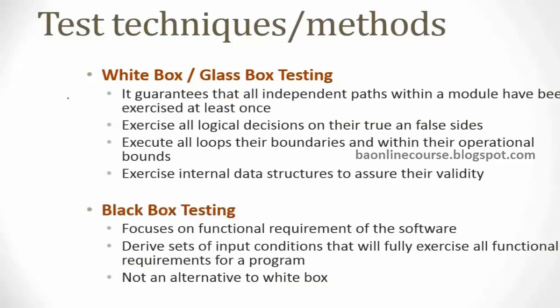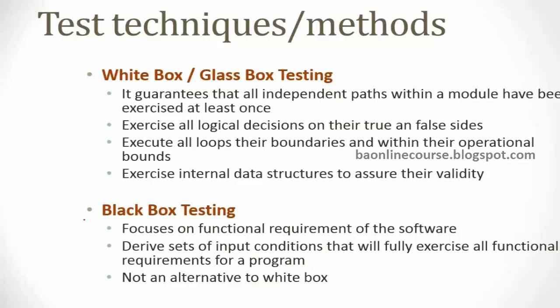Glass box or white box testing is basically looking at each step of the code and making sure that it's written correctly. That's your unit testing. Black box testing is a mechanism wherein you test based on the input and output.